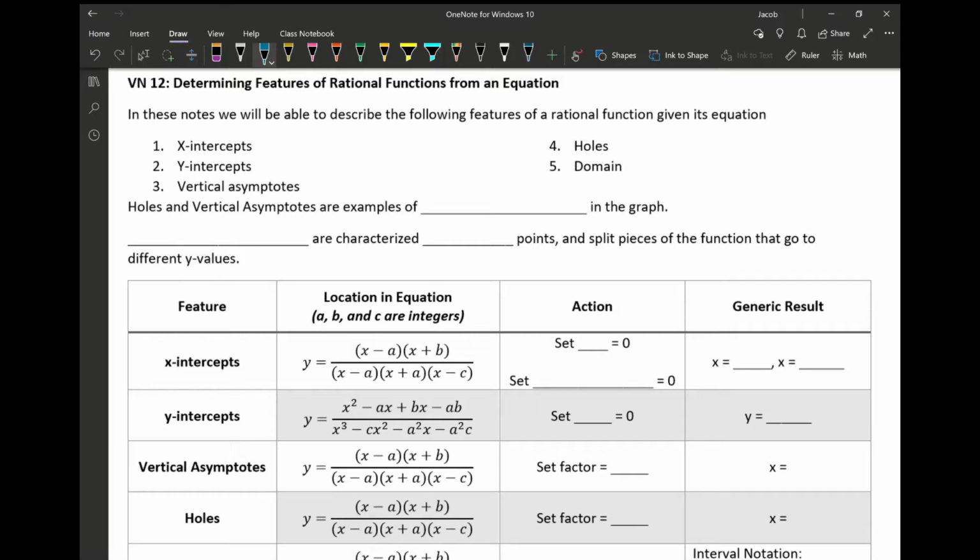But we'll be looking at x-intercepts, y-intercepts, vertical asymptotes, holes, and the domain of rational functions. For the holes and vertical asymptotes, those are examples of discontinuities.